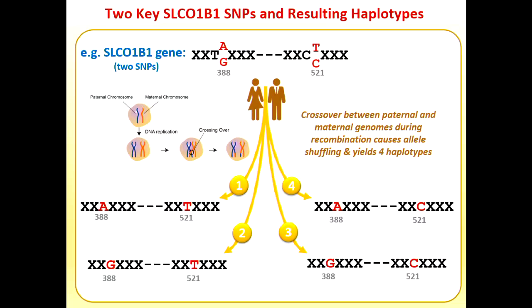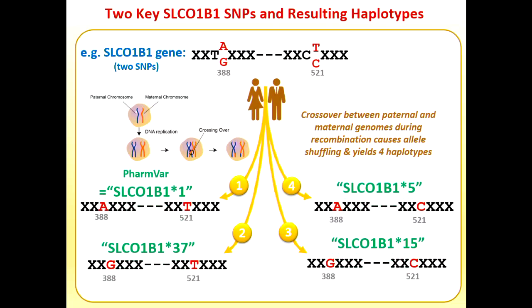So there's an A388 T521 variant, which is basically the wild type, 1B1 star 1. There's a GT, recognised as star 37 allele, a 388A 521C variant known as star 5 allele, and then a G388 C521 allele known as star 15.